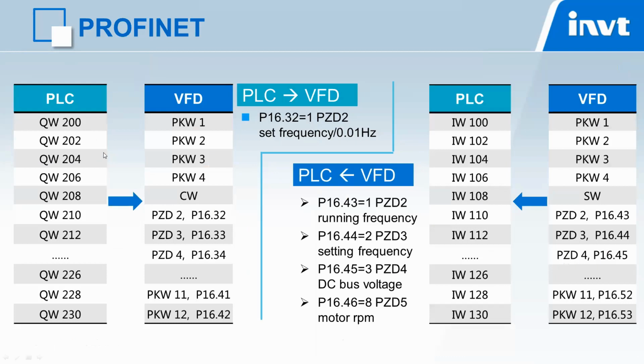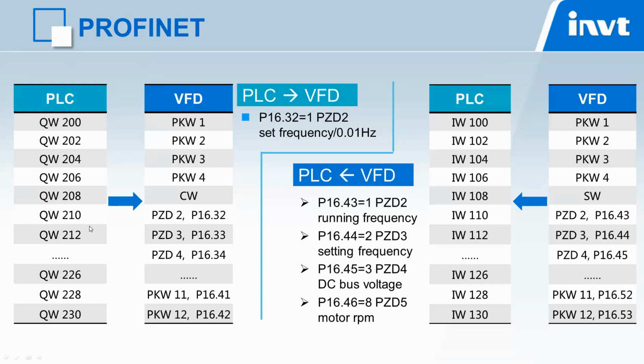This is the internal memory from the PLC to the inverter. This is the blue color. This color is the PLC. After we set the PLC QW output to 200, the 200 equals the inverter PKW1. Control word, QW208.